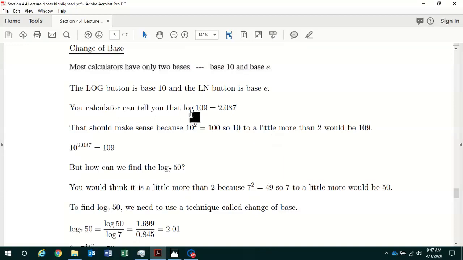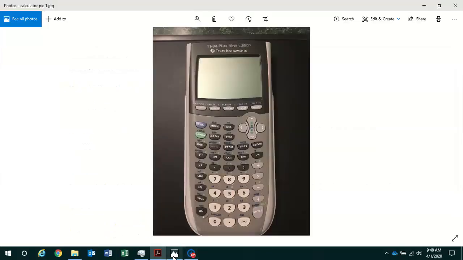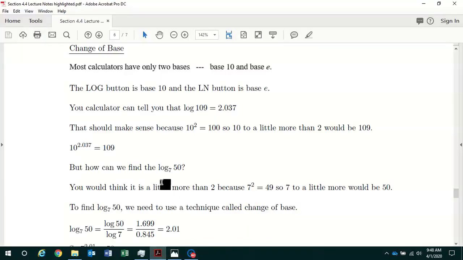So say you want to calculate the common log of 109. On your calculator, you would press the capital LOG and then type in 109 and then press the enter button, and you should get an answer of 2.037. Okay, the common log of 109 is equal to 2.037 because 10 to the 2.037 is roughly 109.